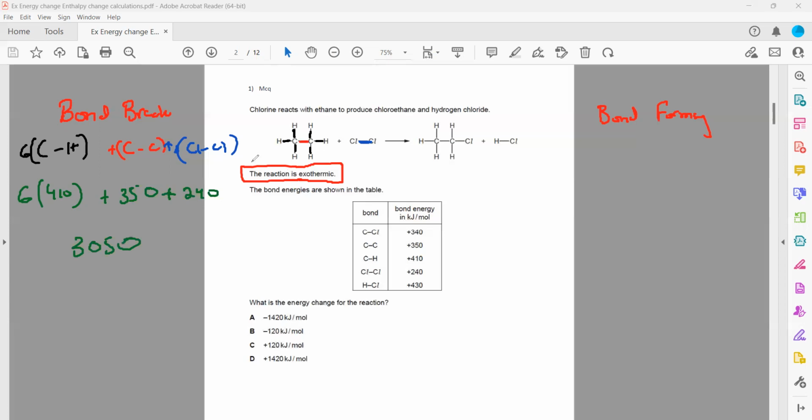The reactant side is the bond breaking side, then the product side is the bond forming side. Which bonds are formed? 1, 2, 3, 4, 5. 5 C-H bonds are there, so 5 times C-H.